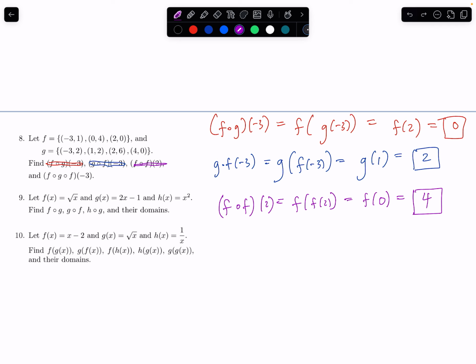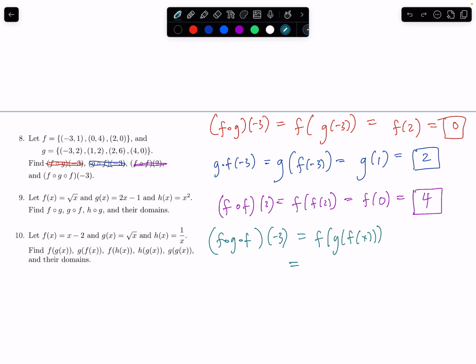And now we're doing 3 in a row. Okay, oh, exciting, exciting. We're doing 3 at a time. Let's use screen color. So I have f of G of f of -3. And let's make sure I have the right number of parentheses.